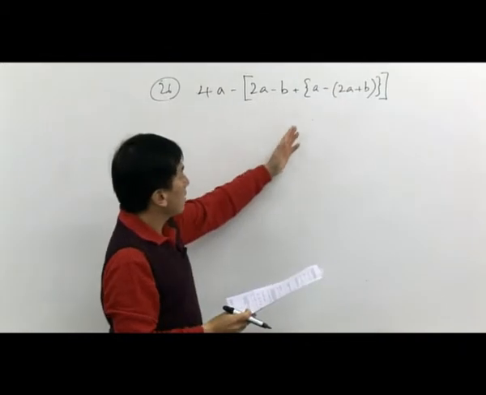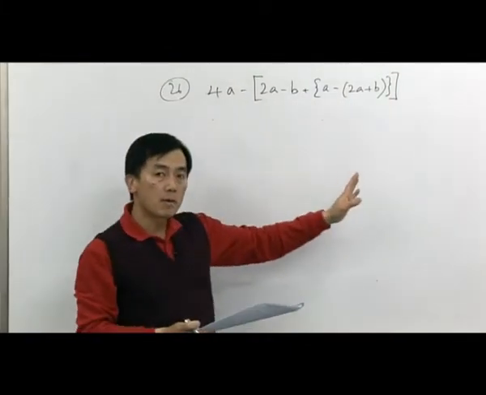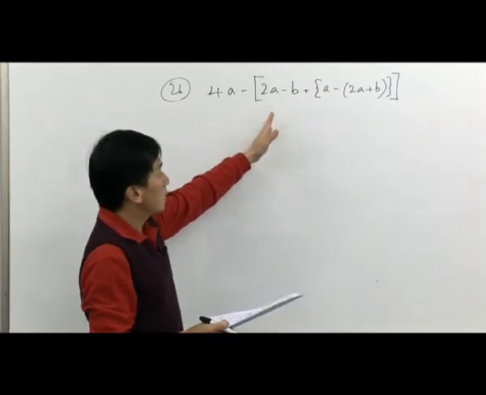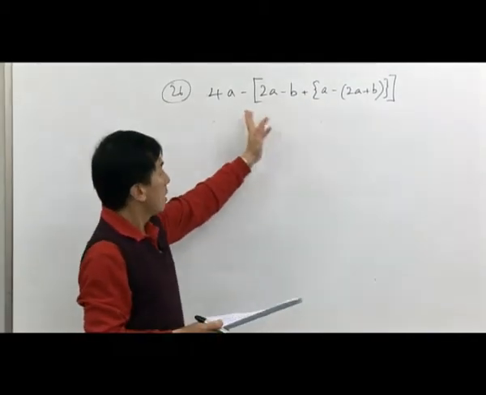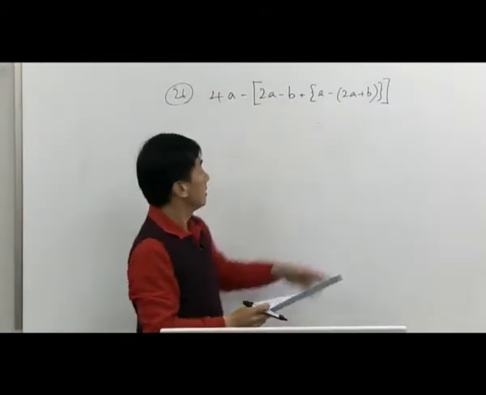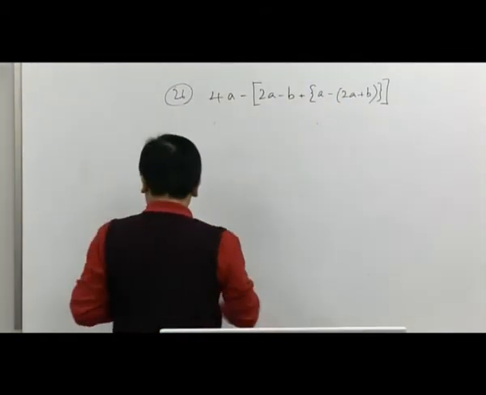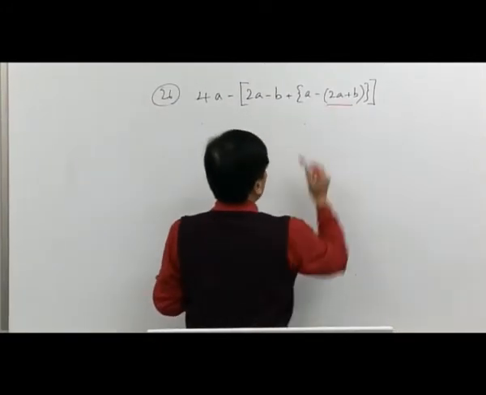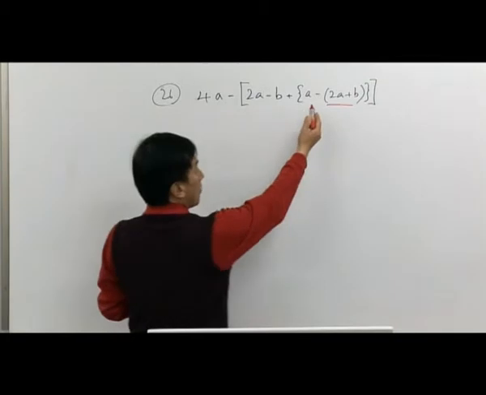Now, with this type of equation, if you remember your order of BODMAS, you want to make sure that you follow the order of operations. Whatever is inside the inner bracket, you need to work on that one first. So in this case, we want to be looking at 2a plus b. We want to expand that with a minus at the front.